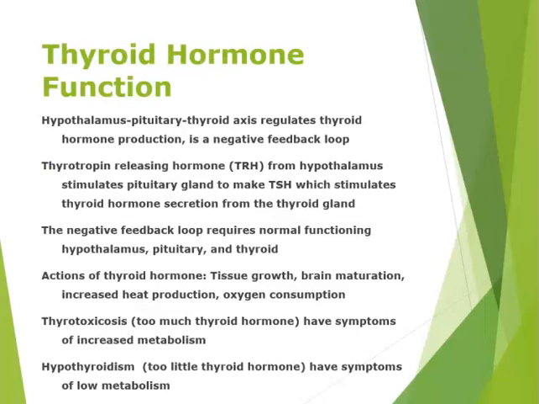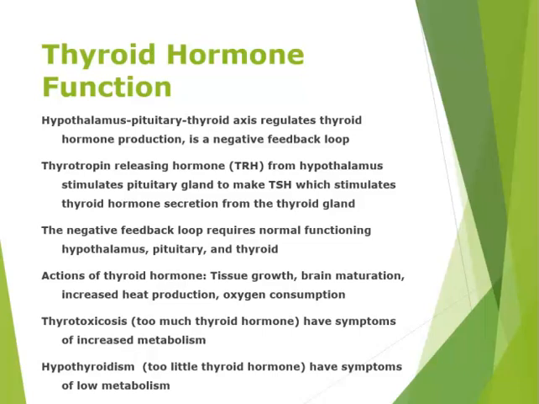So let's talk about the thyroid hormone function. We have that hypothalamus pituitary thyroid axis that regulates thyroid hormone production, and that is your negative feedback loop. The thyrotropin releasing hormone, or TRH, from the hypothalamus stimulates the pituitary gland to make the TSH, which stimulates the thyroid hormone secretion from the thyroid gland.